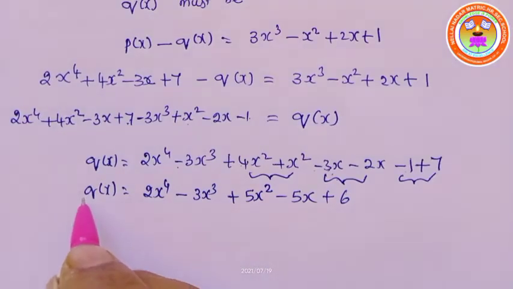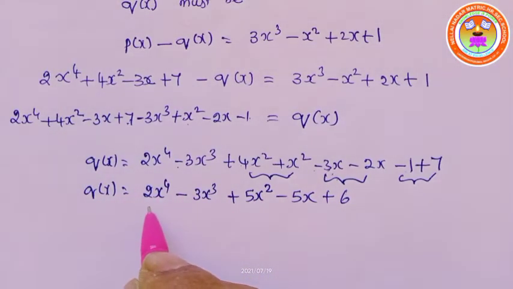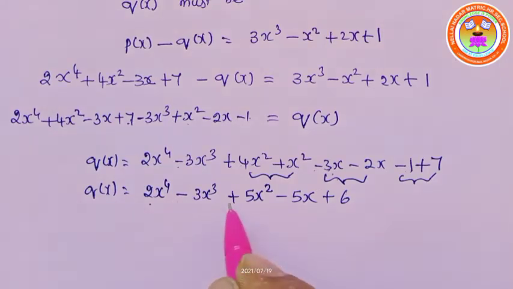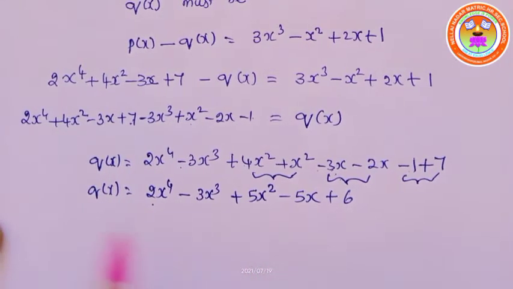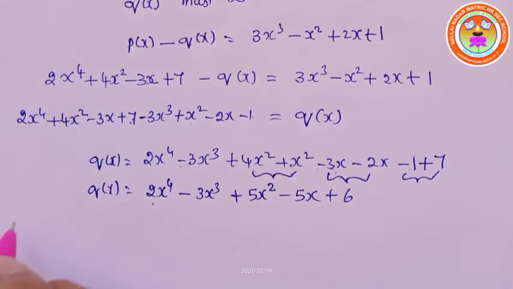So what must be subtracted? 2x power 4 minus 3x cube plus 5x squared minus 5x plus 6 must be subtracted to get 3x cube minus x squared plus 2x plus 1.